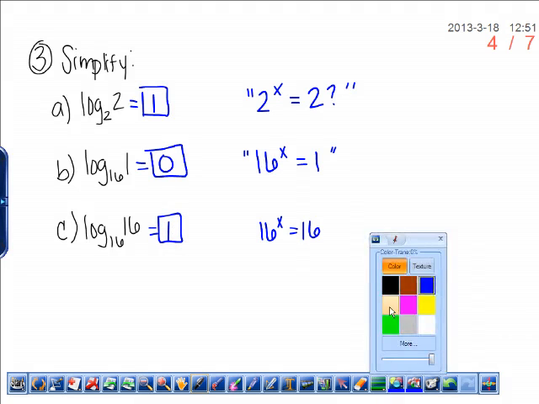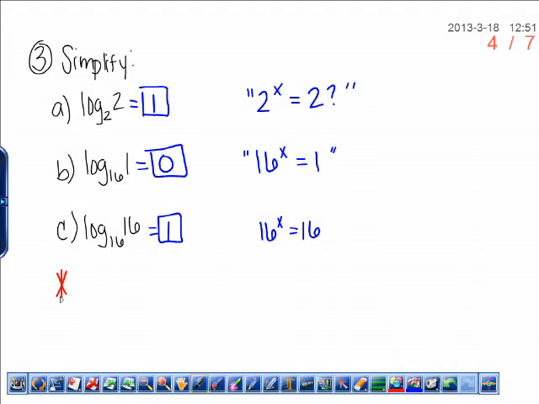Okay, can we generalize these into a couple of rules? If the a value is 1, then x is 0. All right, so if your argument is 1, if you have log base b of 1, that is always going to equal 0. Because your base raised to the 0 power is always going to be what gives you 1. Okay, what's the other one?